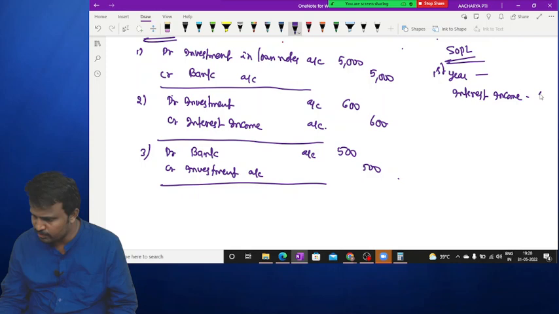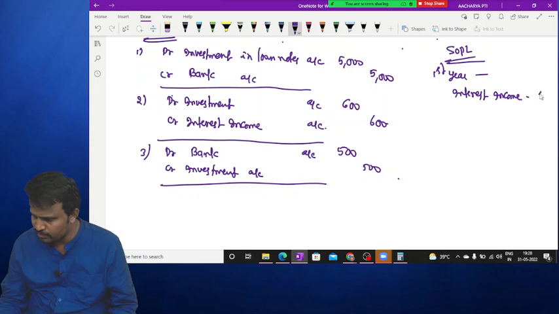What is the interest income of the second year? 612. In the third year, we have to show the interest income 625.